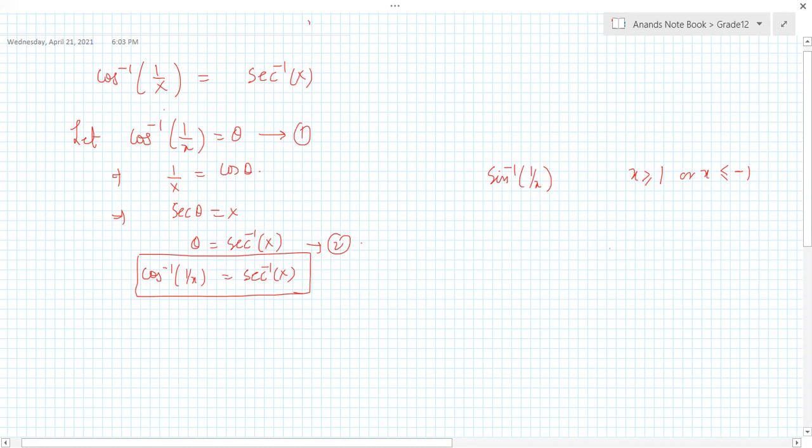Greater than or equal to 1 means 1 to infinity, union less than or equal to -1 means minus infinity to -1.